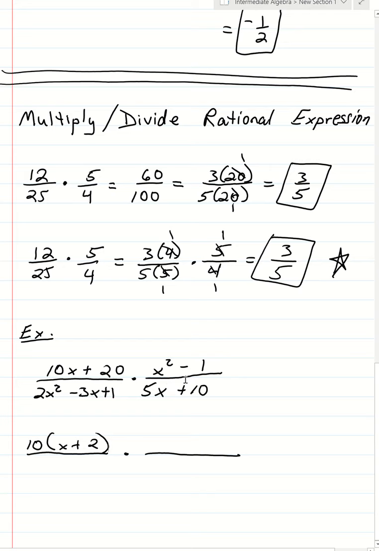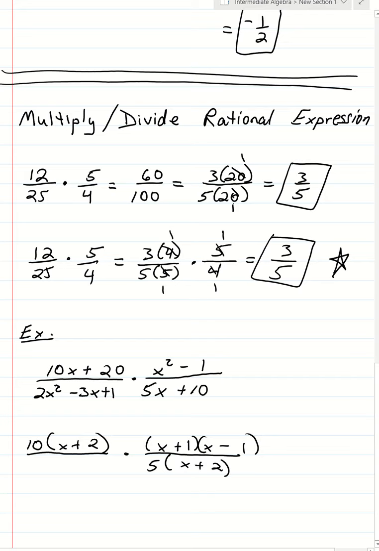Second numerator isn't too bad. x² − 1 is factorable into an x and an x, different signs, factors of 1 being 1 and 1. The second denominator is also not too bad, because I can factor out a greatest common factor of 5, and if I factor out the 5, I would be left with an x + 2.